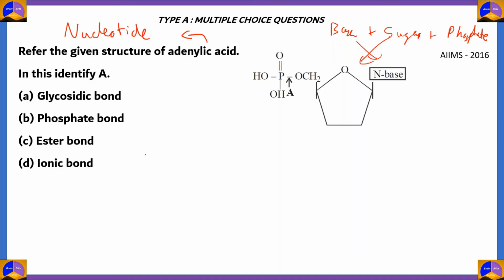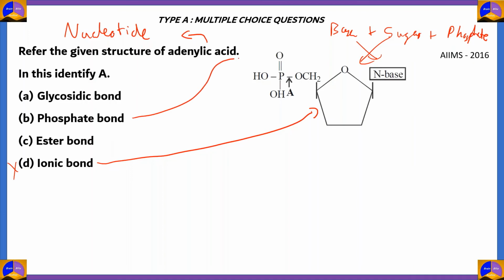So let's look at each of our options. Option D, ionic bond. Ionic bonds are found in this carbon ring. So therefore, option D is incorrect. Option B, phosphate bond.